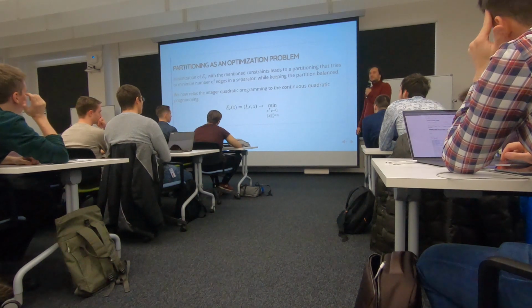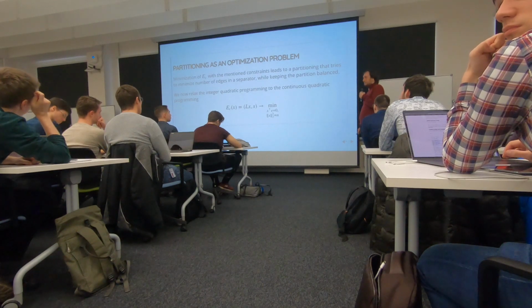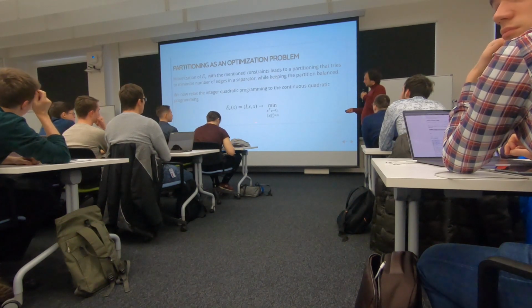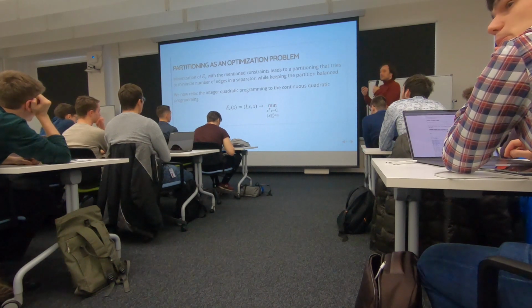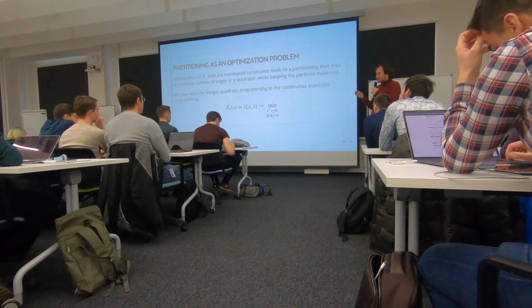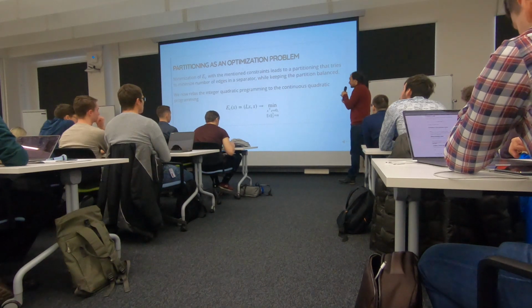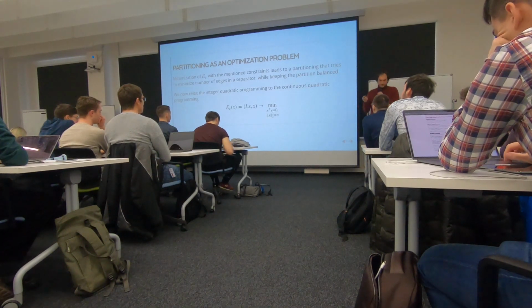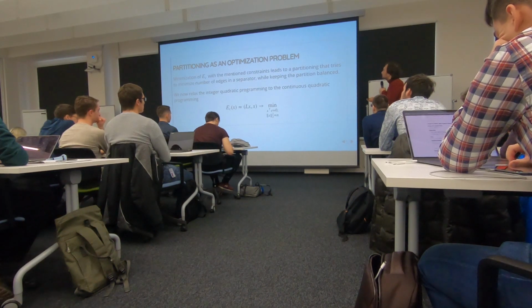So this will converge to the second smallest eigenvalue, and this would be a non-trivial vector. This is called the Fiedler vector. So the solution of this optimization problem is called a Fiedler vector. It will have real entries, positive and negative, which sum up to 0 due to this constraint, and we will do clustering based on the sign.